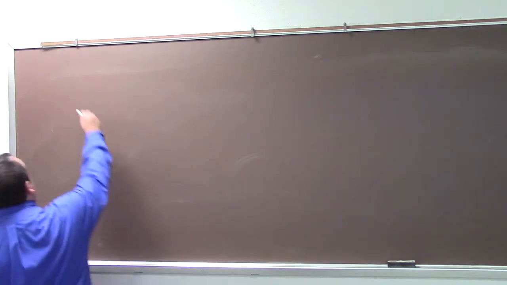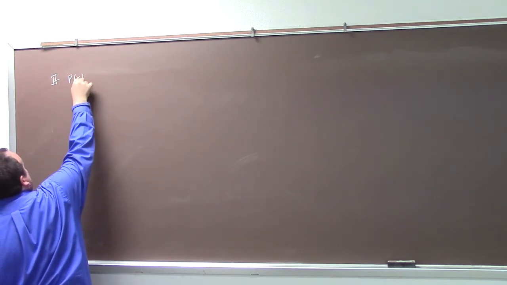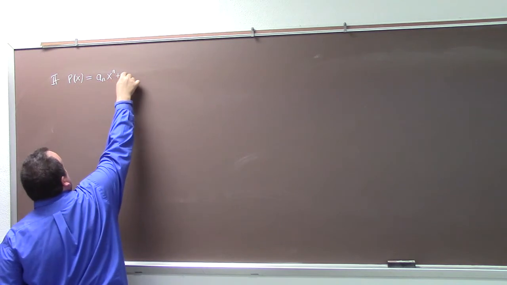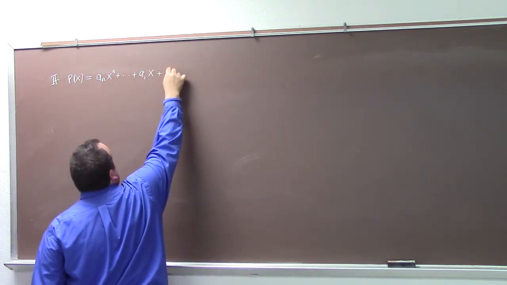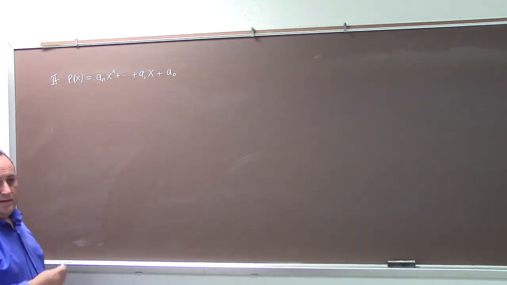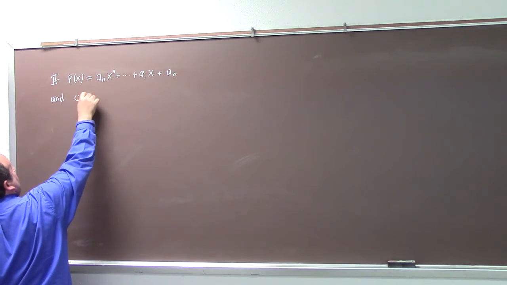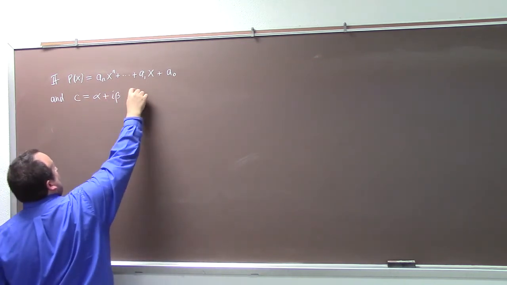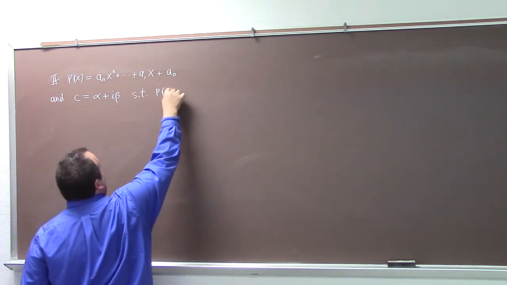If p of x equals a_n x to the n plus ... plus a1 x plus a0, and if c is alpha plus i beta such that p of c is equal to 0.